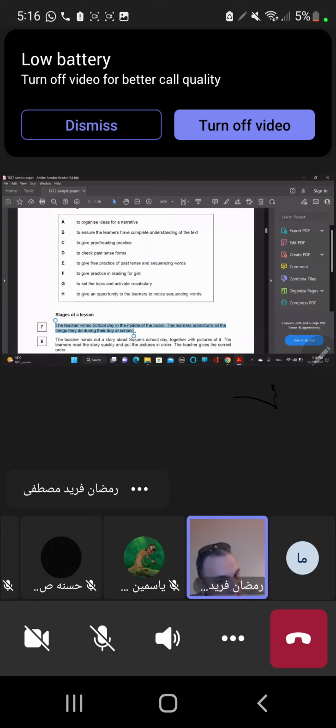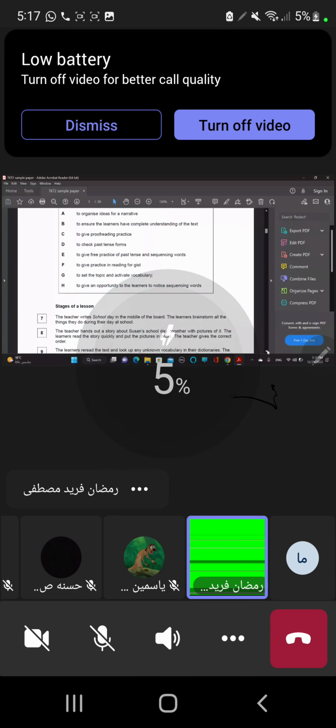The learners brainstorm all the things they do during their day at school. Which one is suitable? Number G. To set the topic and activate vocabulary. Yes, right. Thank you very much. This is number G. It makes sense.